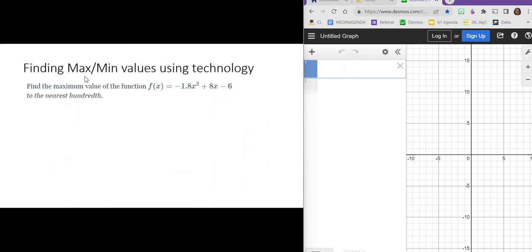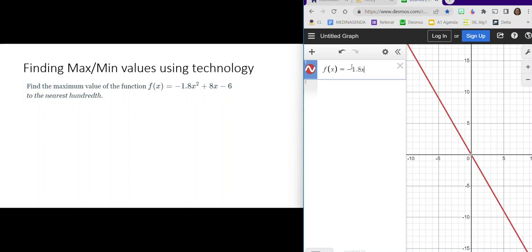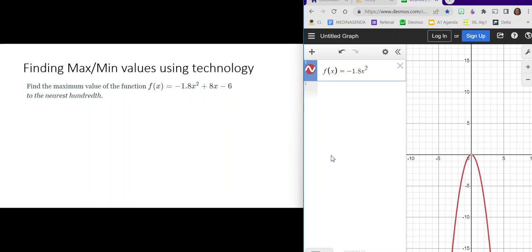Okay, so how do we find the maximum and the minimum using technology? Well, you go to decimals.com/calculator and you learn how to use it. F of x equals negative 1.8 x squared. Now you can do shift 6 and then that'll give you the, okay, but then you have to come down.